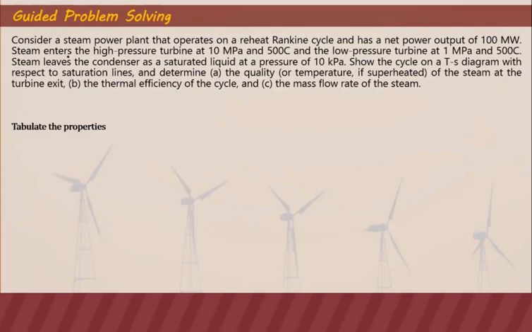What if we're given the same values, but this time there are no isentropic efficiencies? Meaning if they are not given, we have an ideal reheat Rankine cycle. For this problem, this is an ideal reheat Rankine cycle.